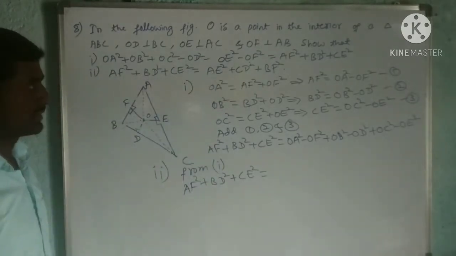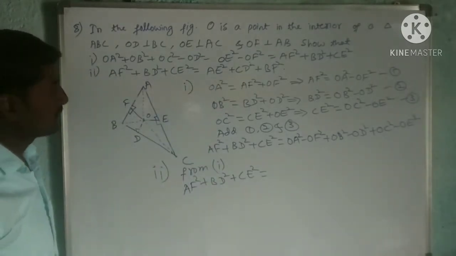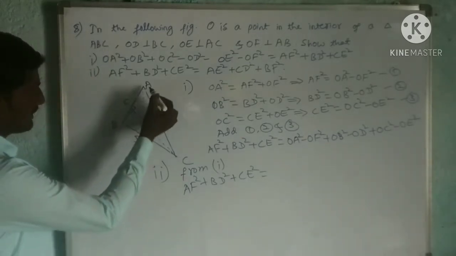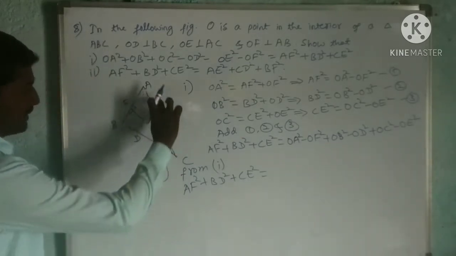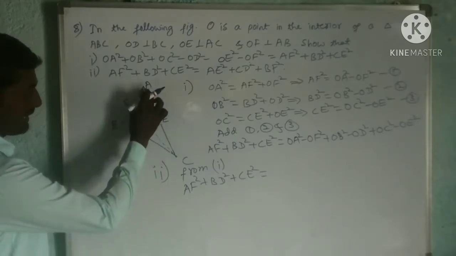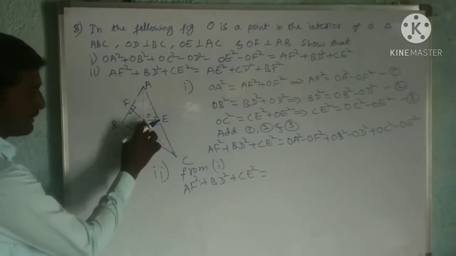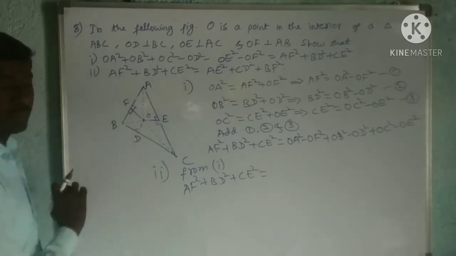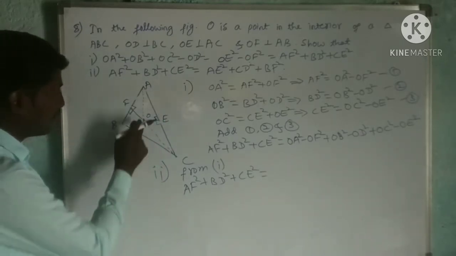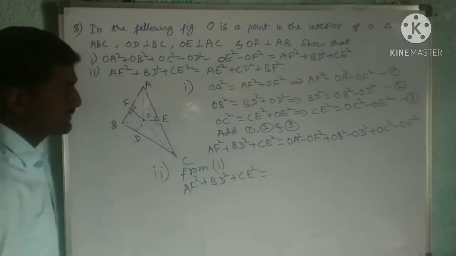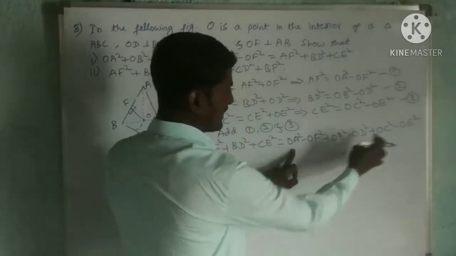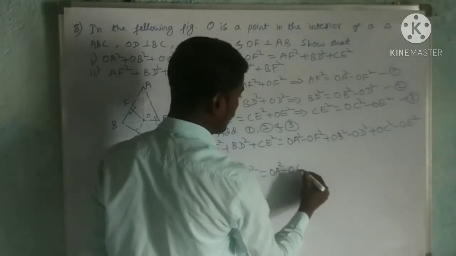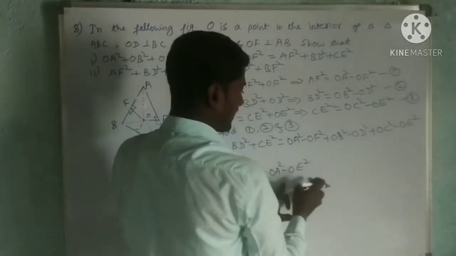AE square I want, so how can I get it? See here in the diagram, let us go for right angle triangle AEO. In that one, AE square is nothing but OA square minus OE square by applying Pythagoras theorem. First I will write those two terms, OA square minus OE square. These two terms are written here.